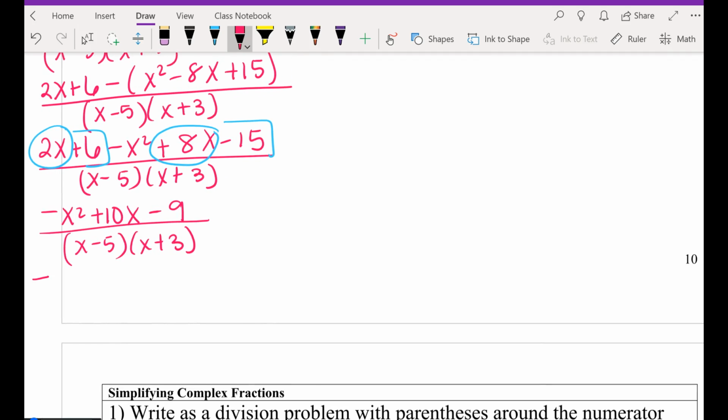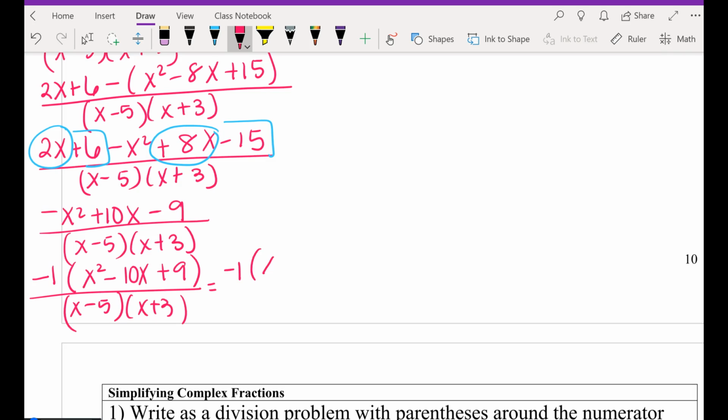I'm going to take out a negative 1 first. Then I'm left with an x squared minus 10x plus 9 all over x minus 5 times x plus 3. Is that trinomial on the numerator factorable? Yeah? What are the factors? 9 and 1.